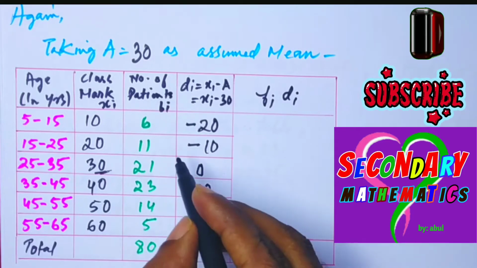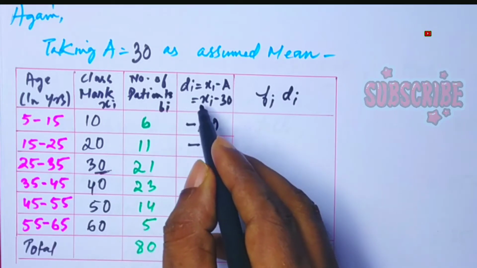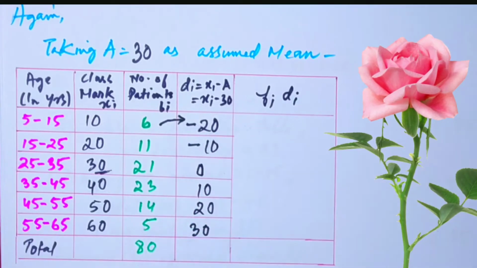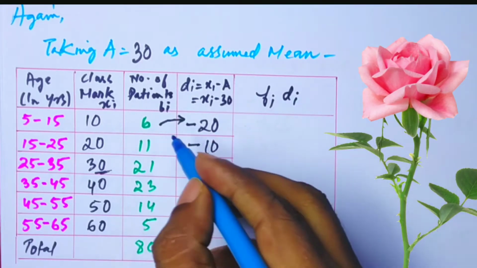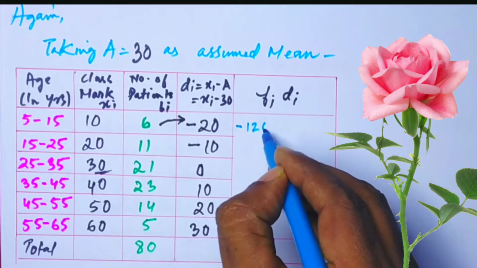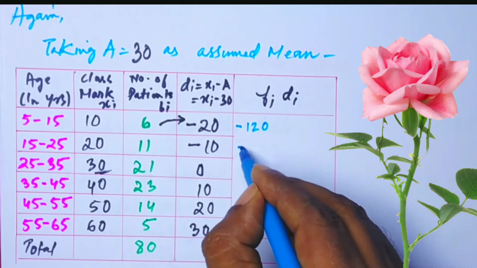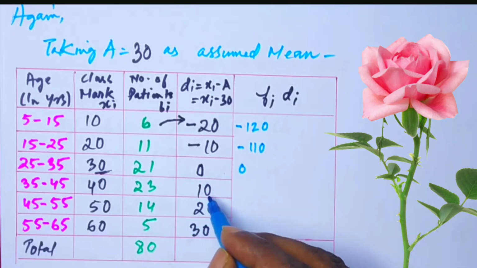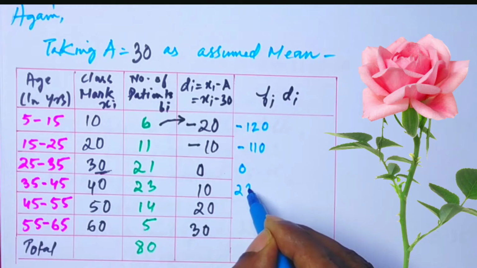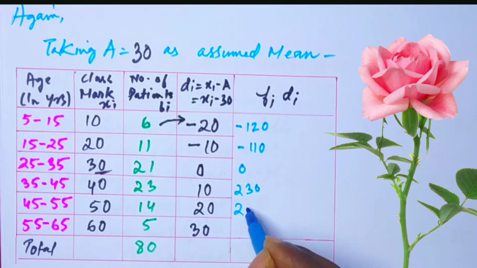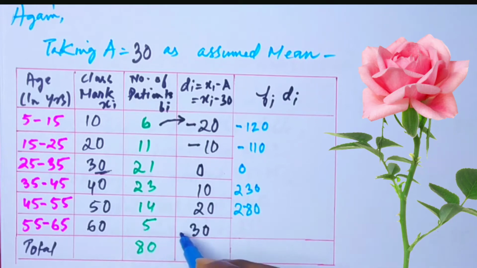Now we multiply fi and di. These two we multiply to get 6 into minus 20 is minus 120. 11 into minus 10 is minus 110. This is 0 here. 23 into 10 is 230. 14 into 20 is 280. 5 into 30 is 150.